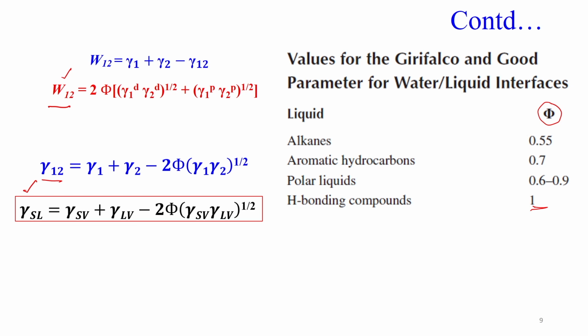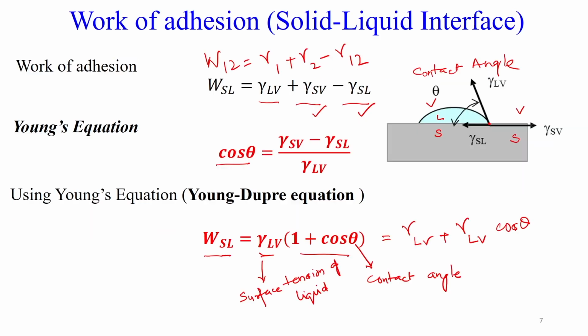Now, once we calculate this interfacial tension, then from the Young's equation, the liquid vapor surface tension is experimentally known, the contact angle is known, and the interfacial tension we calculated from the work of adhesion, so the surface tension of the solid we can easily calculate from the Young's equation.